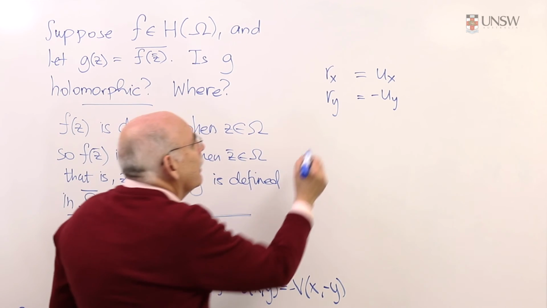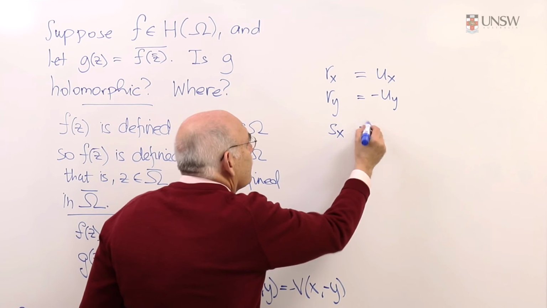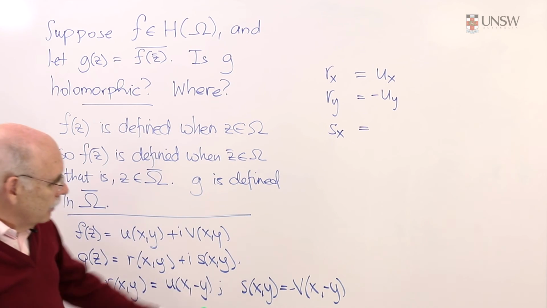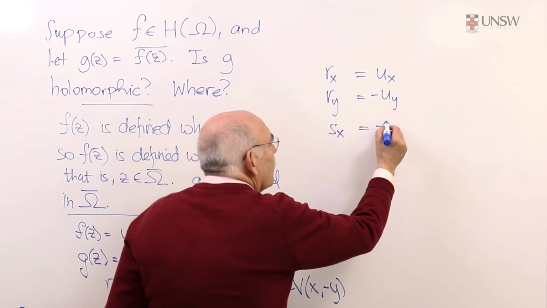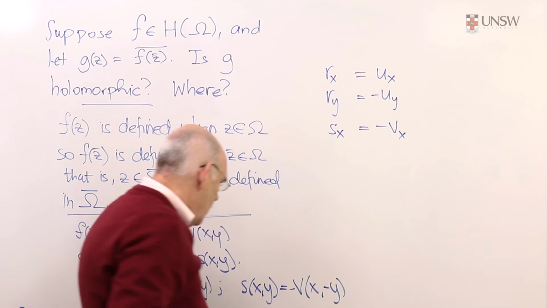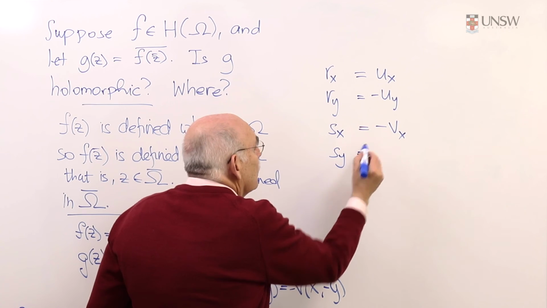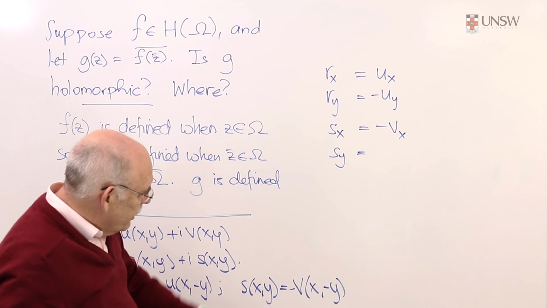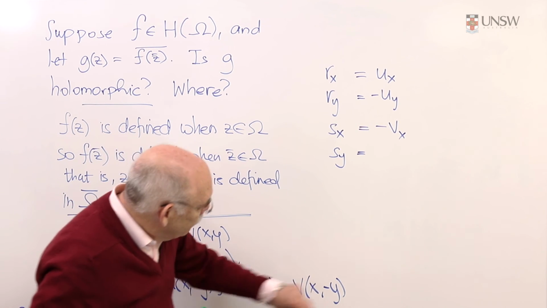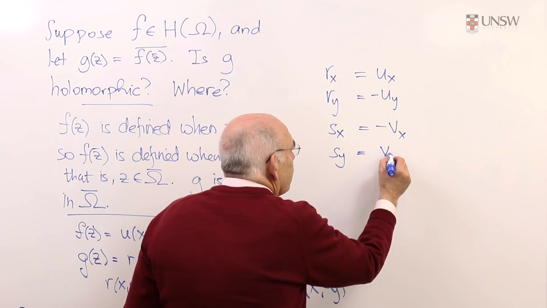Now I do s x, that is equal to, there's a minus sign there, so I get minus v x, and s y is equal to, differentiate, so there's a minus there, but there's also a minus there, and that turns into v y.